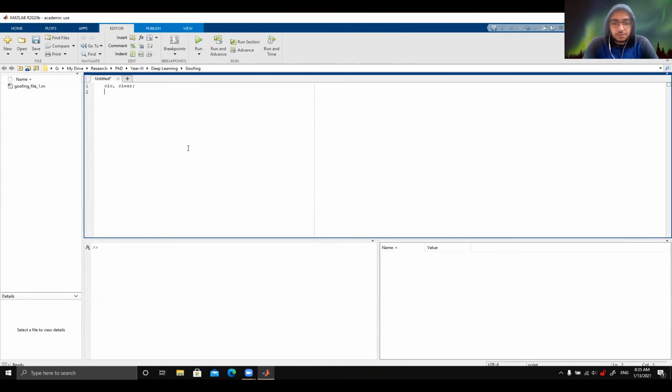So we need to simulate the solution of an ODE. We use the function ode45. Okay, so let's look at the documentation for that.